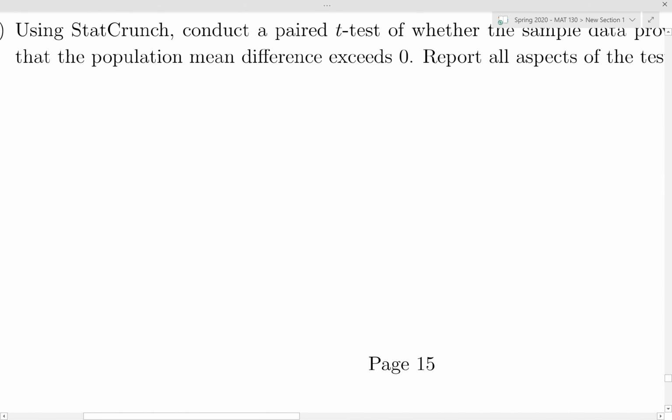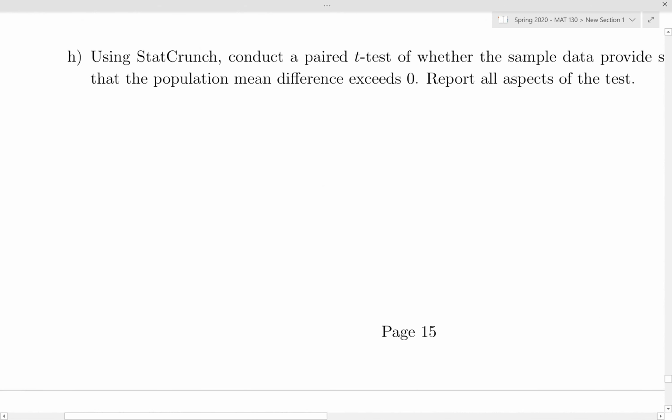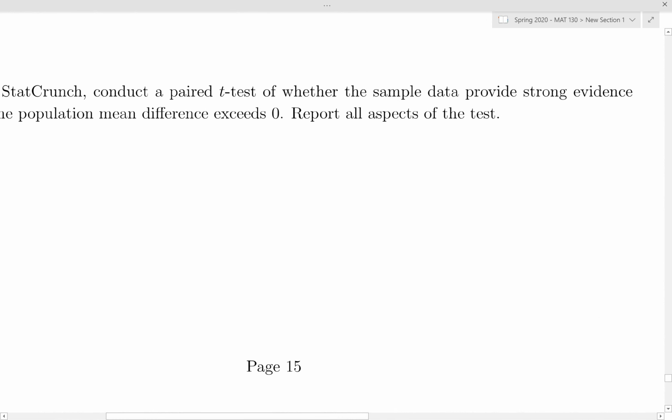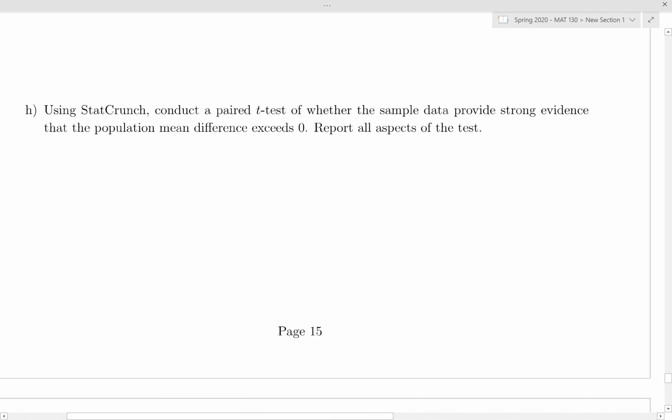All right, so next we're going to move on to part H of this example, which says, using StatCrunch, conduct a paired test of whether the sample data provides strong evidence that the population mean difference exceeds 0. Report all aspects of the test. So again, remember, it's saying whether the data provides strong evidence. It's not giving us a significance level.